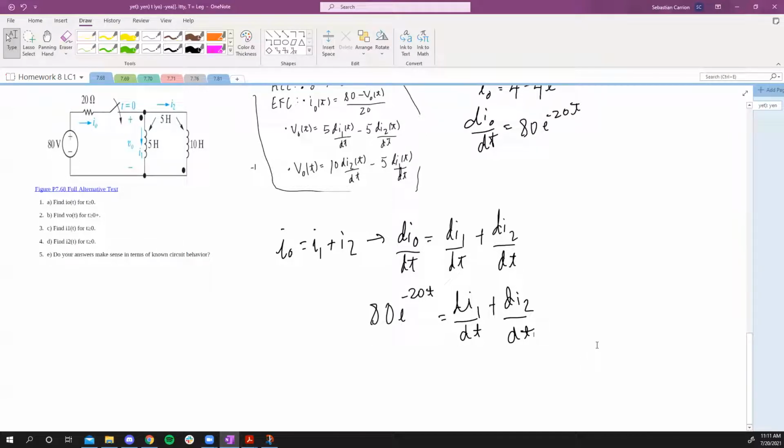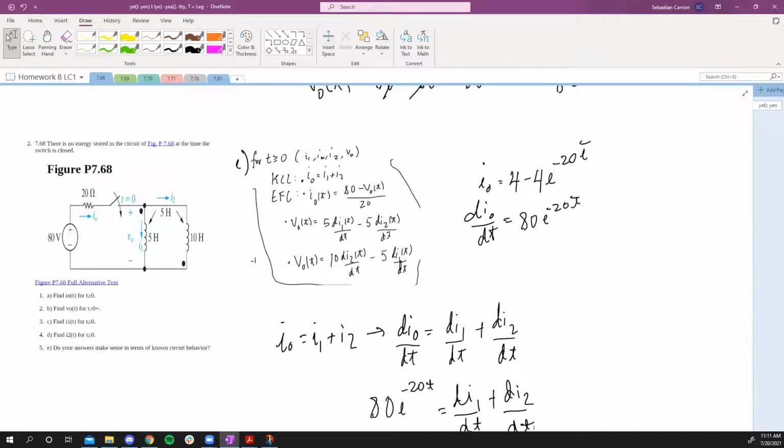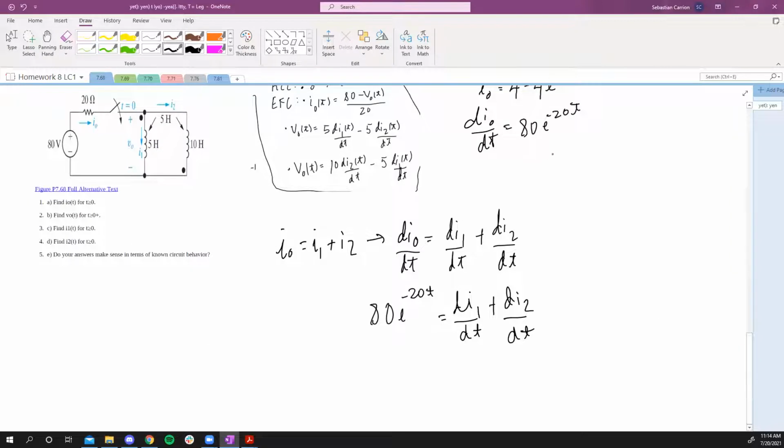And so let's see, 80. So, okay. From these two equations, you can say v naught(t) equals 5 di2(t)/dt, right? So plug that in.